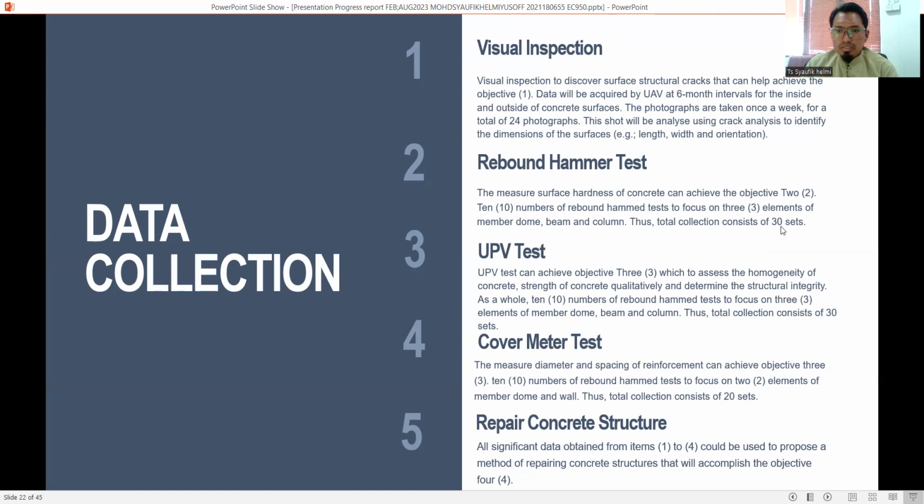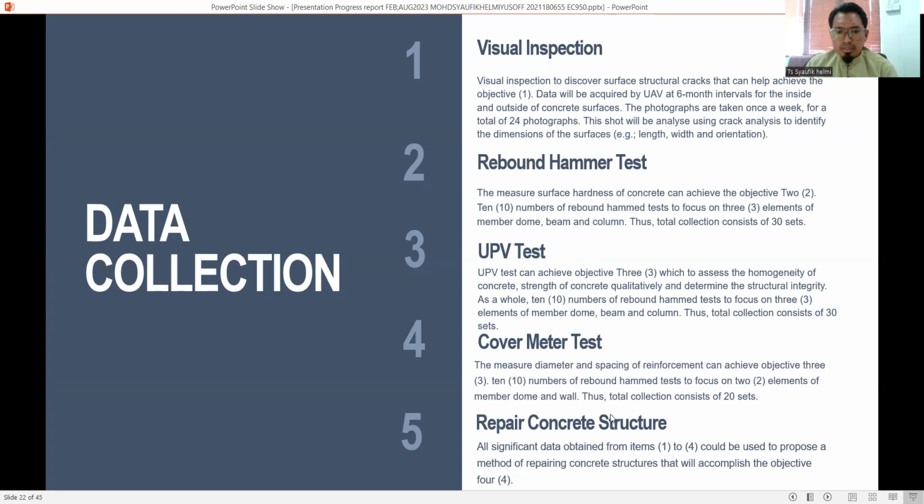So the total collection consists of 30 sets. For UPV, the data collection is the same as the rebound hammer, and the carbometer is the same, but the location focuses just on the dome and wall.